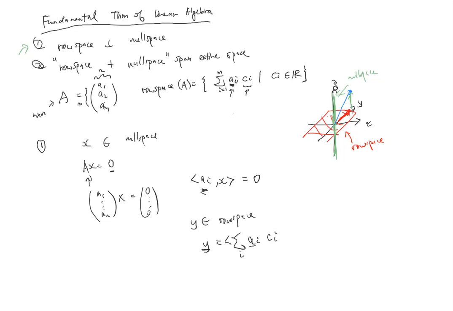And if I try to do the inner product with x here, that will give me the sum of ci times ai x. So this will be 0 because from here, this will be 0. So any vector in the row space will be perpendicular to any vector in the null space. So therefore, okay, I have this shown. So the first one is actually pretty easy.